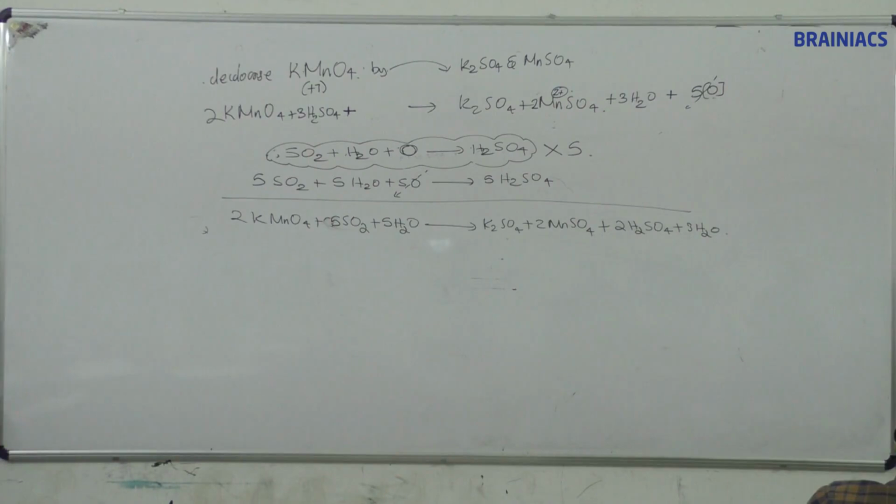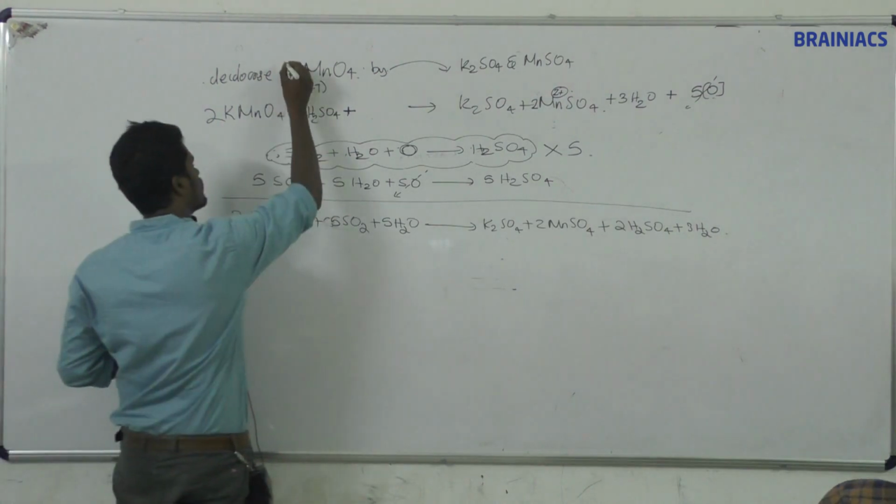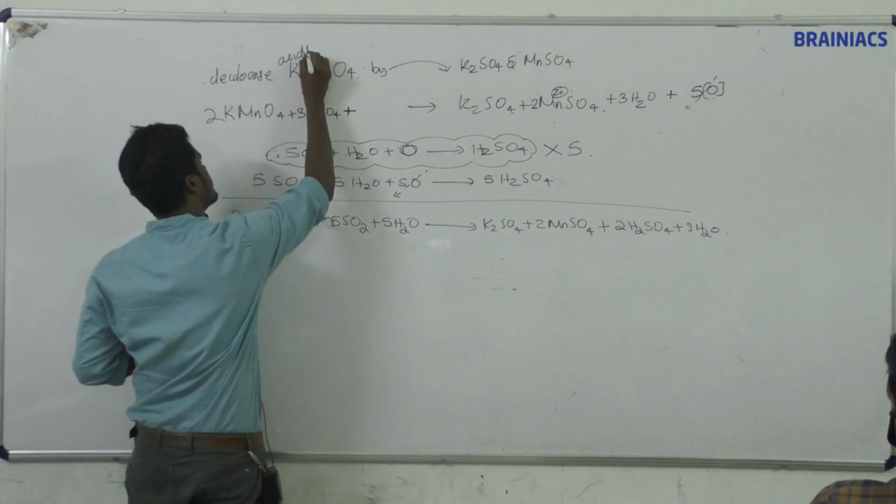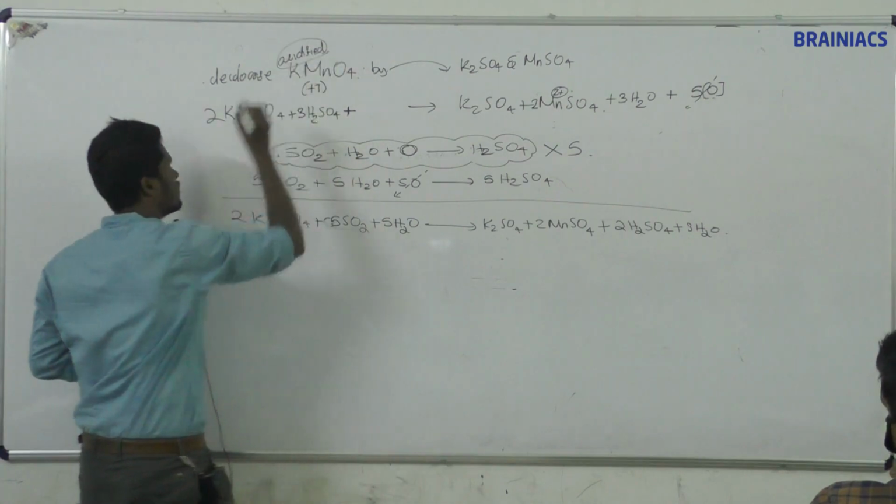This is the balanced equation. It decolorizes acidified KMnO4.